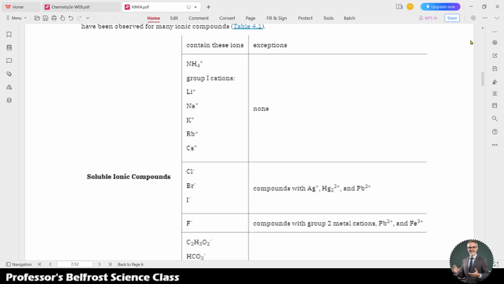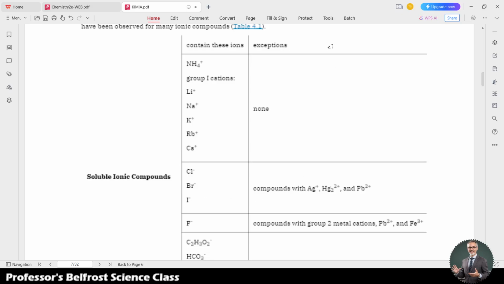Okay, so soluble ionic compounds are the compounds that contain these ions. We have ammonium, and the group 1 cations: lithium, sodium, potassium, rubidium, cesium. There is no exception for this group. But for the anions, these are the halogens: chlorine, bromine, iodine.